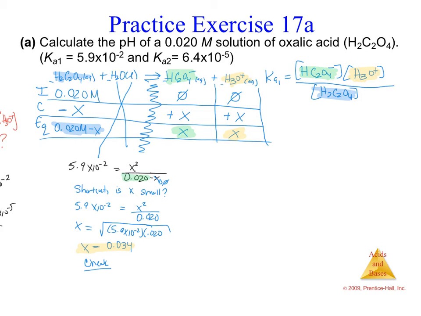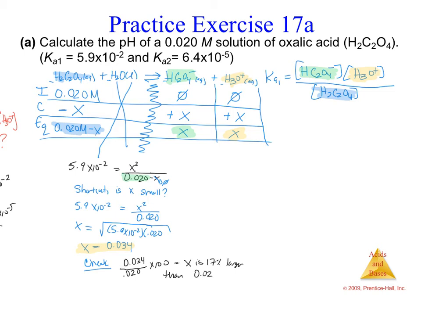To type in and calculate exactly what is that number, you would take x, which is 0.034, divided by the number it was being subtracted from, times 100. And so we see it's actually larger. And how much larger is that? We can see that x is 17% larger than 0.02.